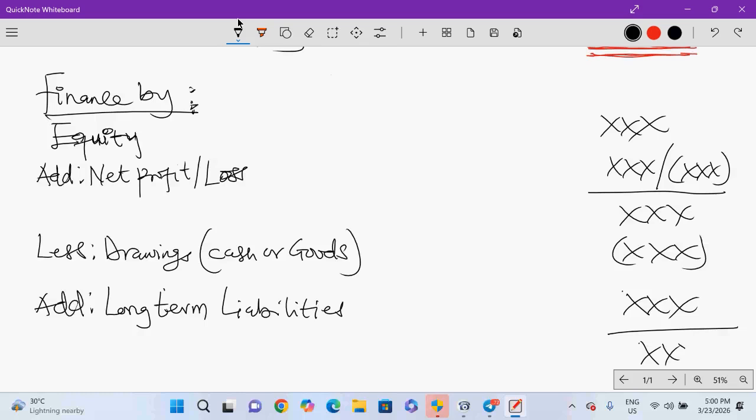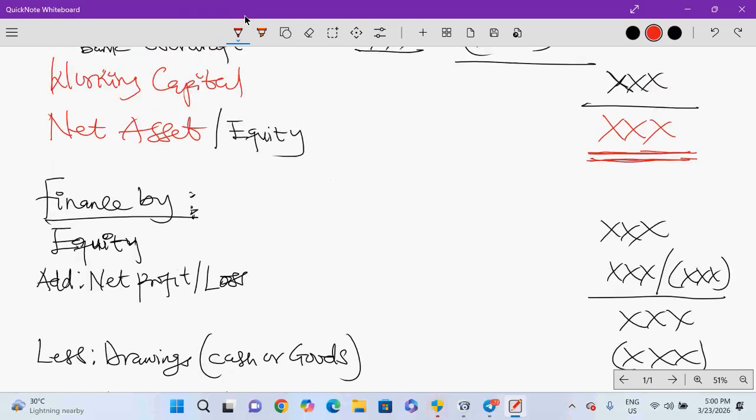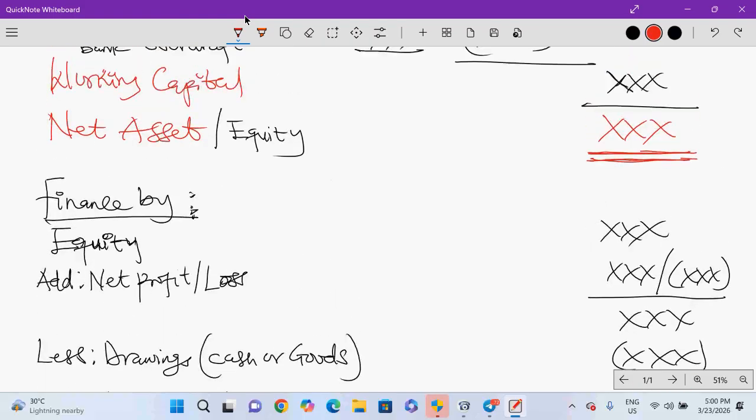So I think that is all right. Yes, that's like bank loan. So the long-term liability is bank loan. Bank loan is also a long-term liability. So please, mortgage. Yeah, mortgage will also fall under long-term liability as well.